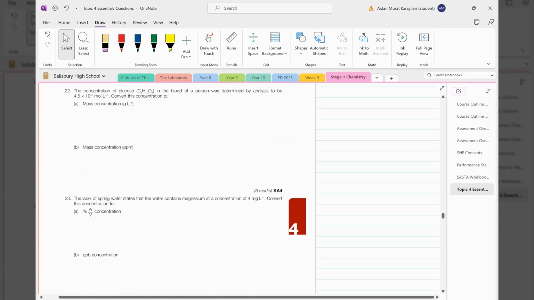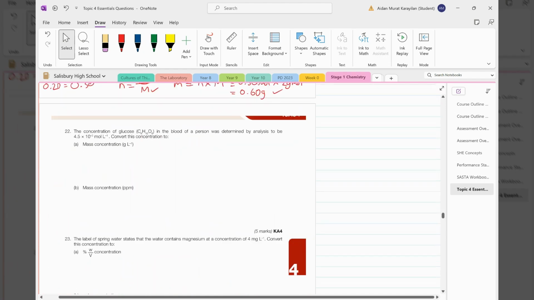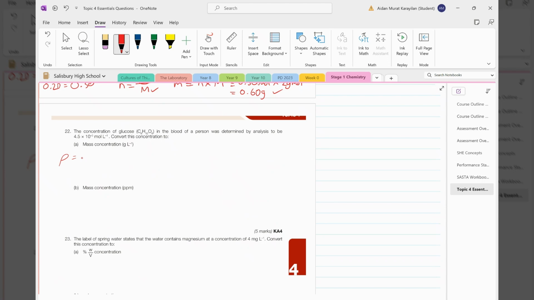So let's go back down here. So the first one is grams per liter. So we know that the mass concentration is the molar concentration times by the molar mass, which is equal to 4.5 times 10 to the minus 3 moles per liter, times by the molar mass of C6H12O6.